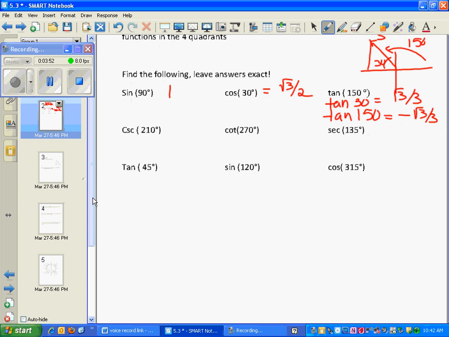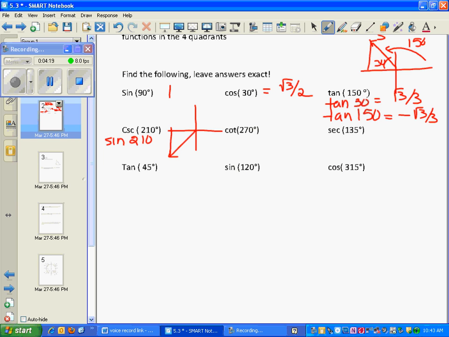Well, the cosecant is the reciprocal of what function? Sine, right? So we want to think about this as a sine of 210 just to kind of get our placement. 210 falls in which quadrant? Third. Draw our vector in the third, and we draw our triangle up to the x-axis, right? Only to the x, never, ever, ever to the y.